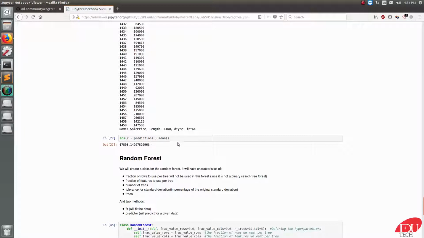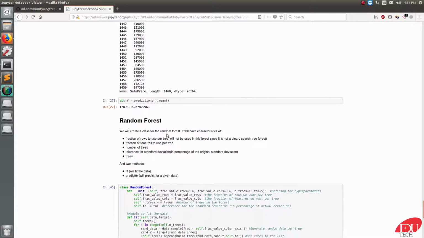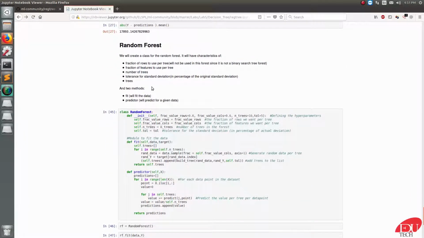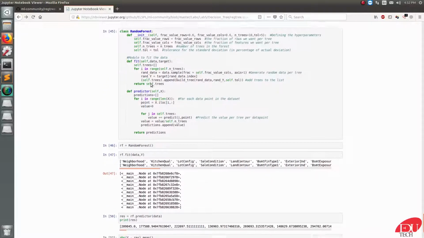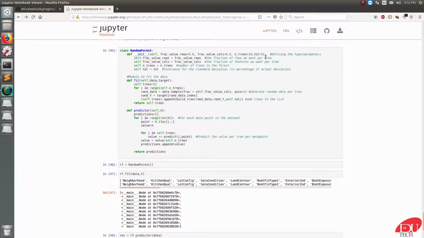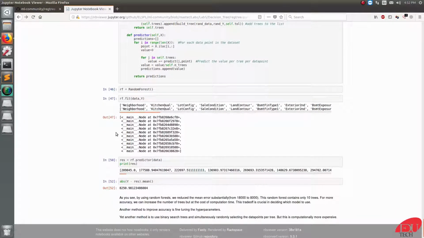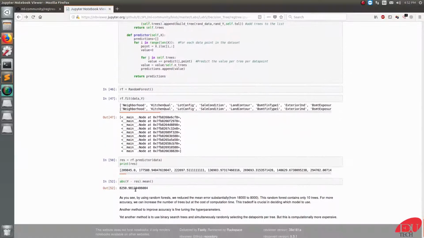As you can see, this is pretty large, and so we need to reduce this, and we'll use random forest for this. And random forest, as I said earlier, is a collection of different decision trees, and we randomly allocate features to it. For this particular example, we have number of trees equal to 10, and we have fitted 10 decision trees in this random forest, and the absolute error decreased substantially from about 18,000 to 8,000.